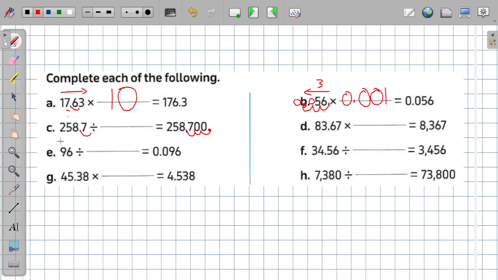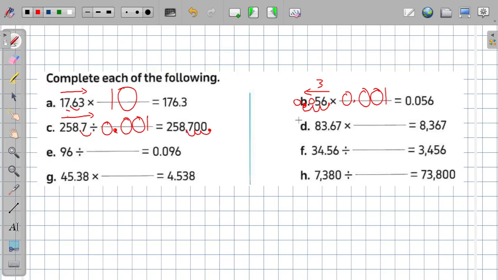So we divided by a decimal number or a whole number? I think it's a decimal number, and we moved it to the right 3 places. So I think we divided by 1/1000.